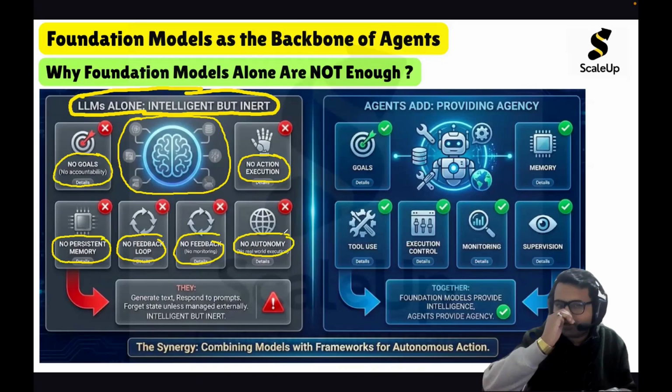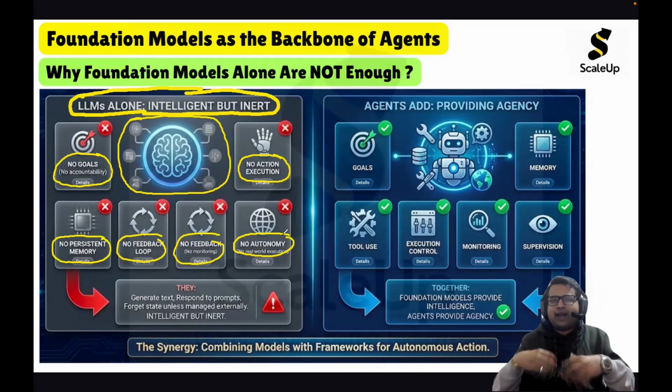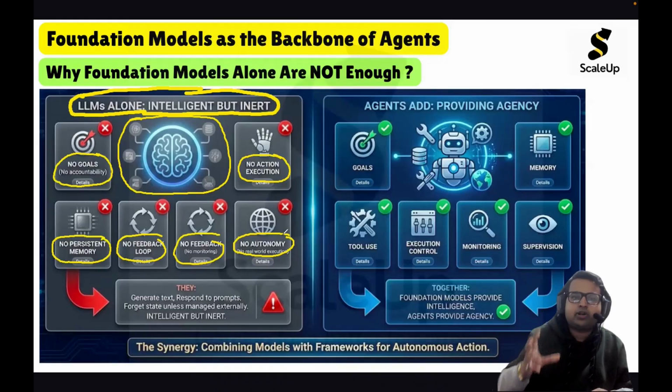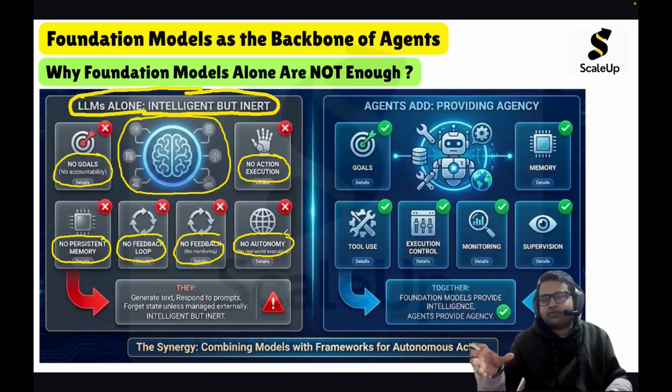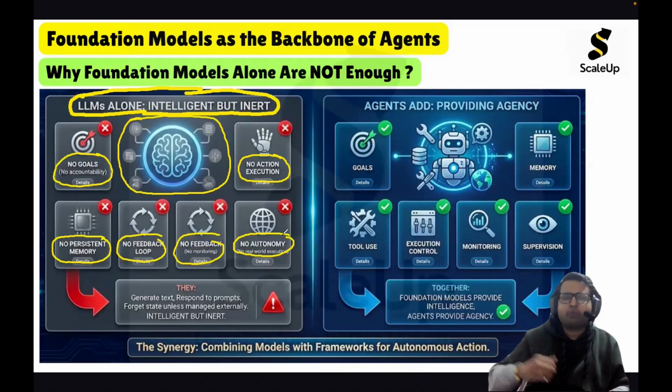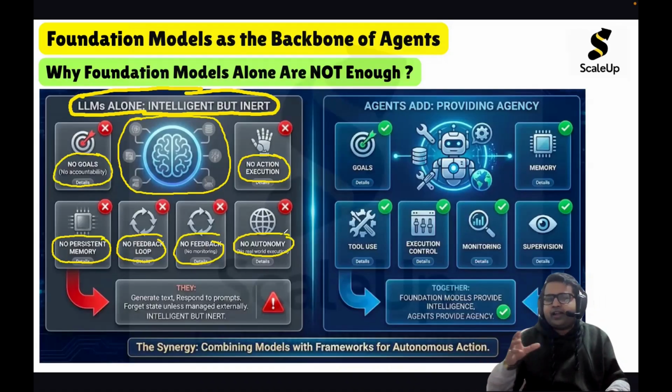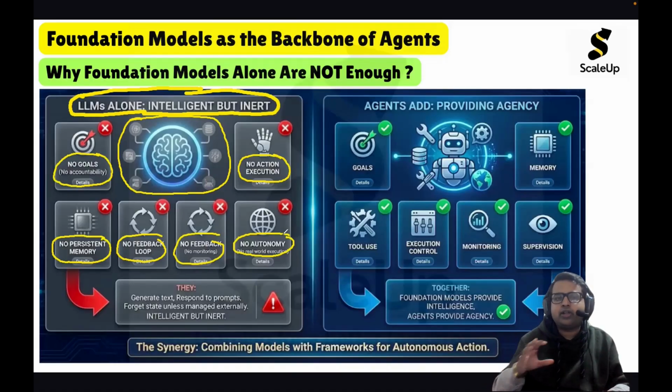Okay, so let us understand it one by one. A large language model on its own does not have any goal of its own. Whatever prompt you give it, it will just give a response for that. It cannot perform any action, and it does not have any persistent memory; it is stateless. You give it an input, it gives an output, and it forgets.